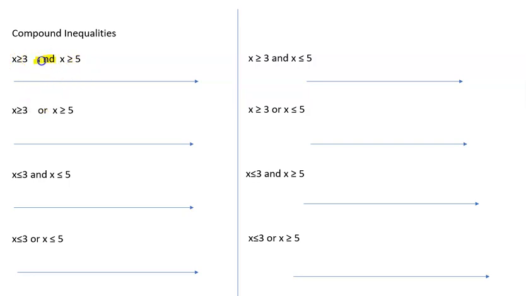But some of them are joined by the word and. So 4 of them, we have and. And the other 4, we have the word or. So we're going to help you understand the difference.